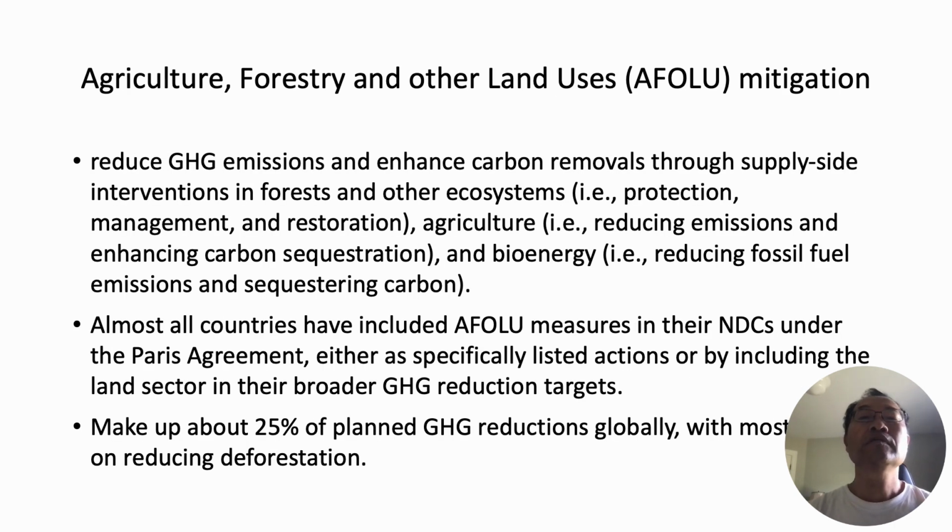Here we need to talk about agriculture, forestry, and other land uses, so-called L3 mitigation. L3 reduce greenhouse gas emissions and enhanced carbon dioxide removal through supply-side interventions in forests and other ecosystems, i.e. protection, management, and restoration.